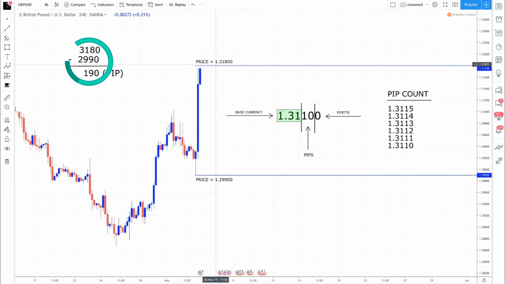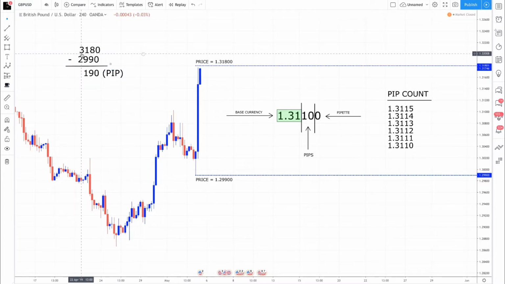So by coming over here, you can see that I took 3180 and subtracted 2990, which were the digits on the right side of the decimal. By subtracting these 2 numbers, I was left with a remainder of 190. That 190 represents the pip difference from the price rising from 1.29900 to 1.31800.